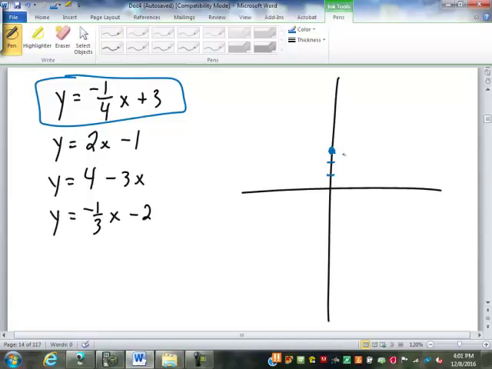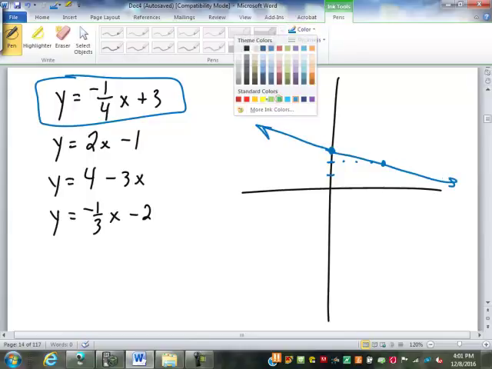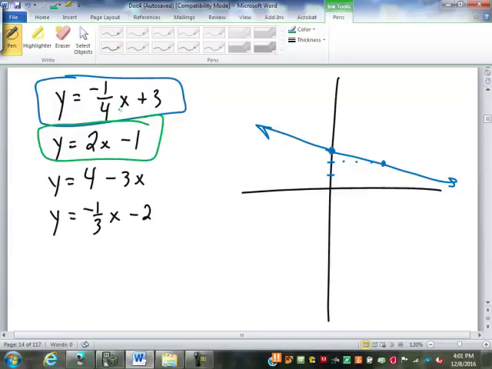Up 3. From there we're going to go down 1 over 4. Something like that. Next one, where are we going to start? Down 1. From there, what are we going to do? The 2 over 1s will go up 2 over 1. Right? We got to put the little 1 in the denominator, so we know we got to go over 1. Just like that.